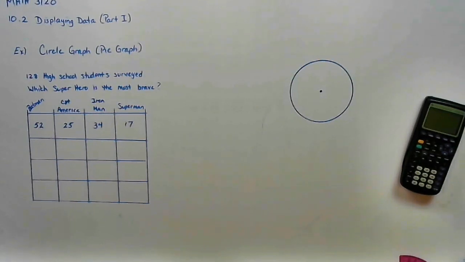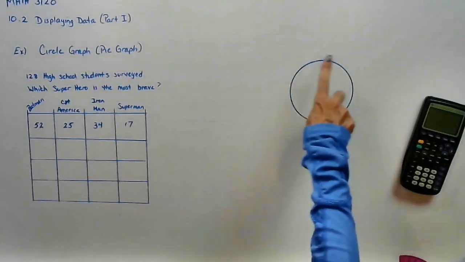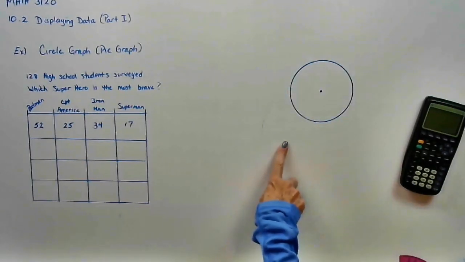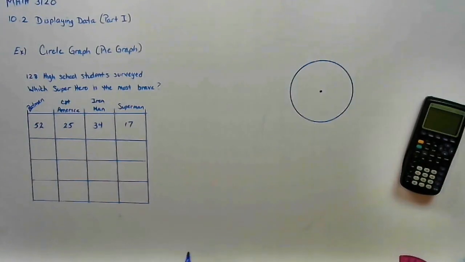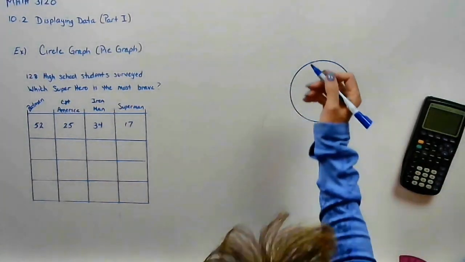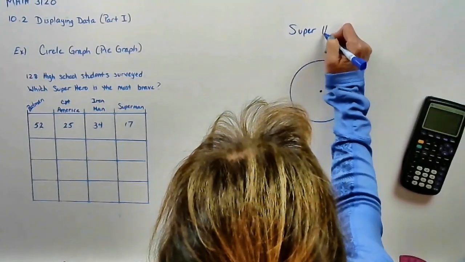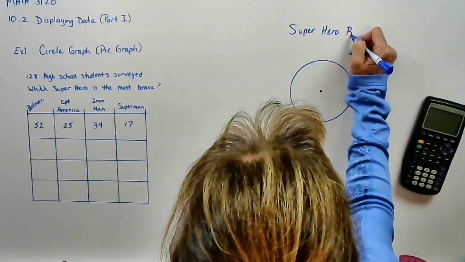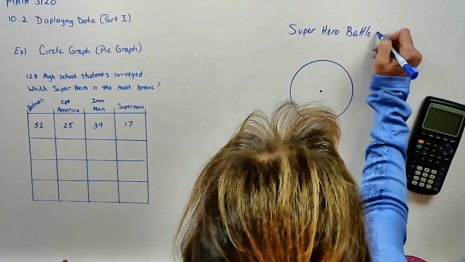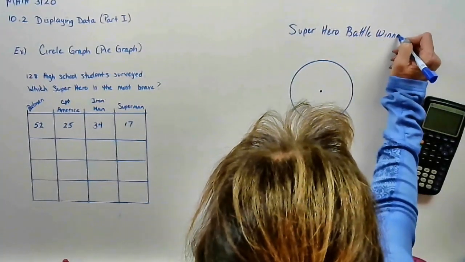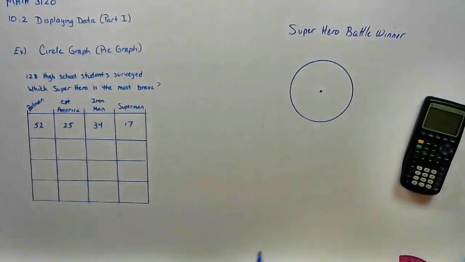So we want to always be thinking about what part out of the entire whole, what wedge or sector. All right? So again, I'm going to label this. This is our superhero battle winner. Sorry, I'm trying not to touch the whiteboard. I didn't want to erase the circle with my sleeve.